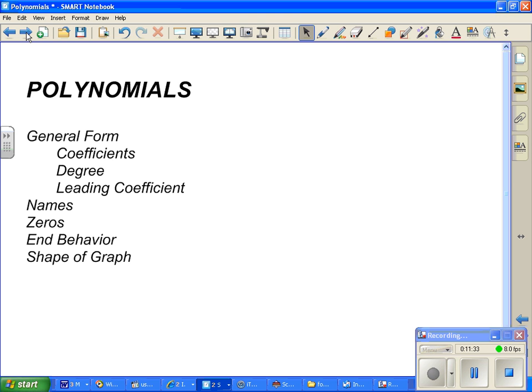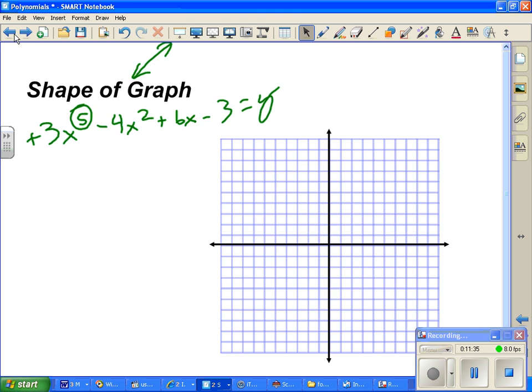I didn't put in the imaginary numbers, but let's talk about that real quick. Imaginary numbers and what's going to happen there. Let's say I have x squared plus 3x minus 1 equals y. I'm graphing this, okay. What happens if the graph doesn't cross the x-axis? What are your answers going to look like? If it crosses, you're going to get real answers.